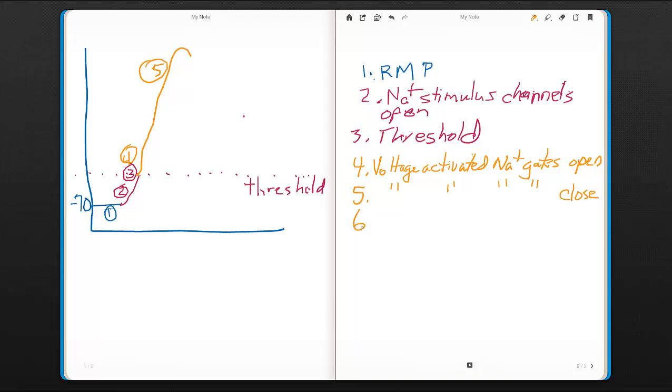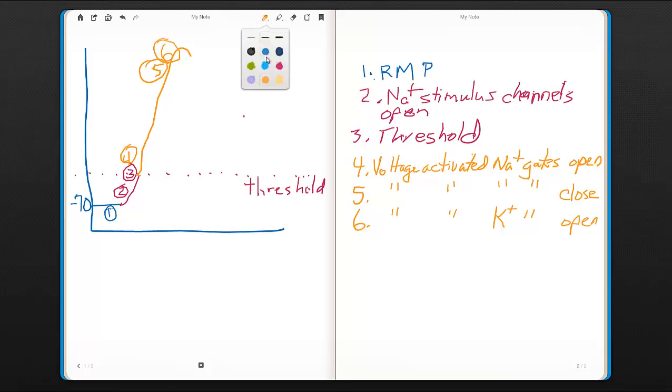Okay, step 6 will be over here, and it will just be right alongside step 5, pretty much simultaneous with it. Voltage activated potassium gates will open. All right, and that's why we see this downward descent. And we'll do green.